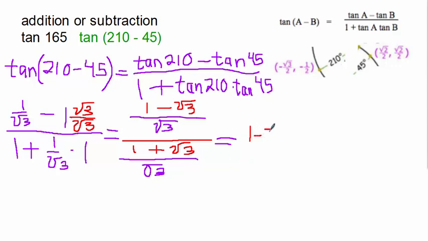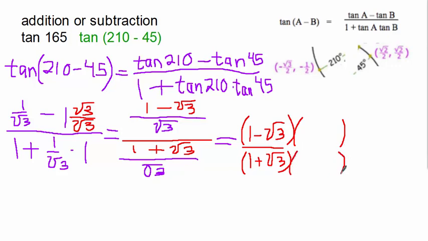I have 1 minus the square root of 3 over 1 plus the square root of 3. And with that, multiply by their conjugate, which is 1 minus the square root of 3 over 1 minus the square root of 3.